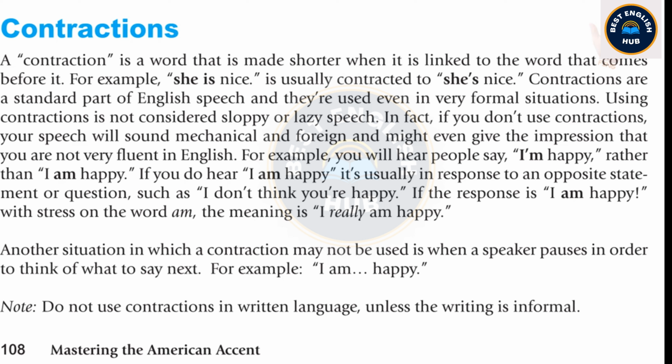Another reason a contraction may not be used is when the speaker pauses in order to think of what to say next. For example, "I am happy." Note, do not use contractions in written language unless the writing is very informal.